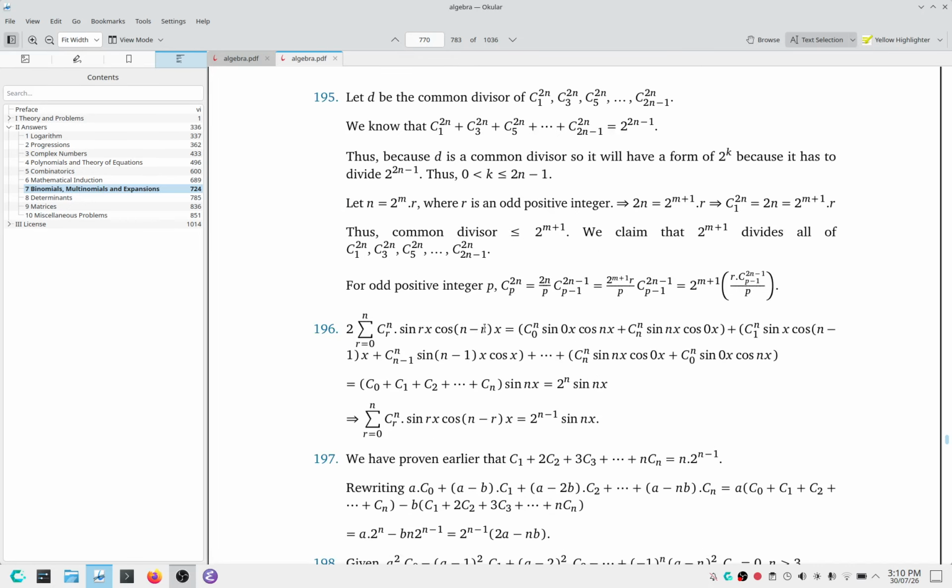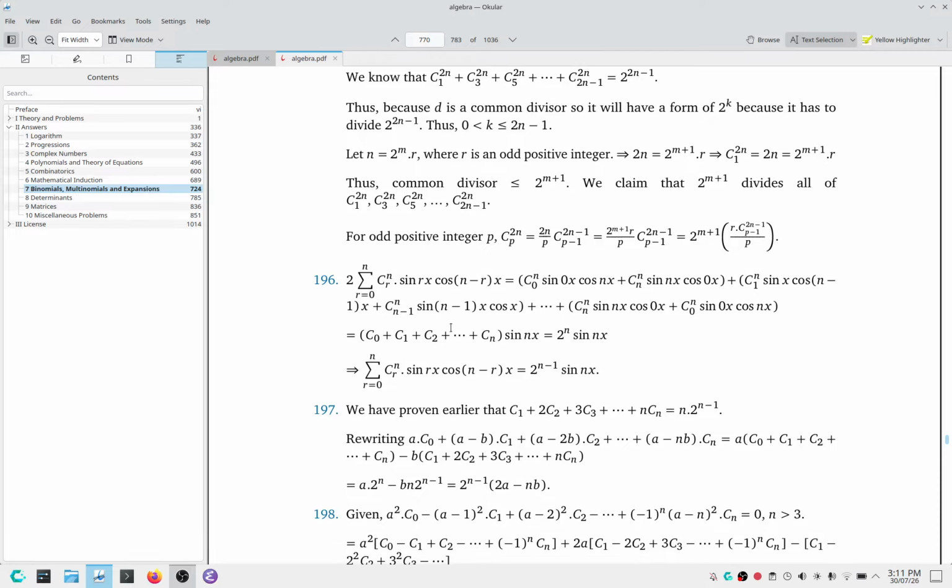So we can write this as nC0 sin 0 cos nx + nC1 sin x cos (n-1)x + nC(n-1) sin (n-1)x cos x, and so on up to nCn sin nx cos 0x, which is equal to (C0 + C1 + C2 up to Cn) sin nx, which is 2^n sin nx, and therefore sigma nCr sin rx cos (n-r)x is equal to 2^(n-1) sin nx.